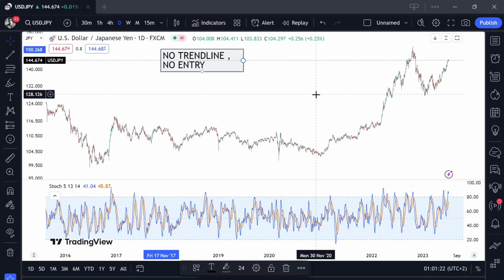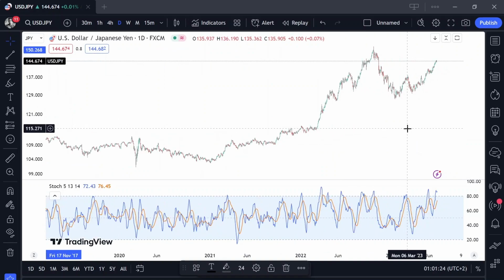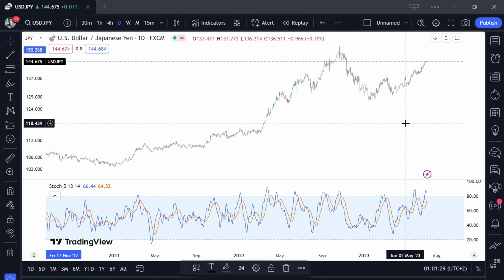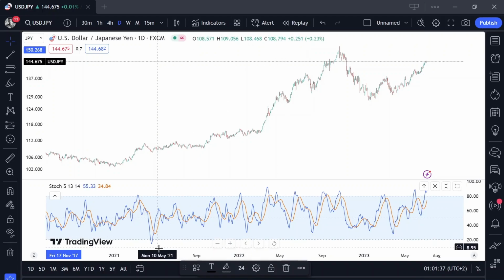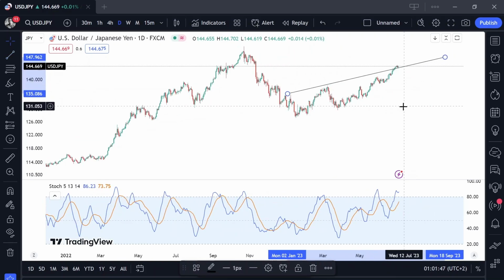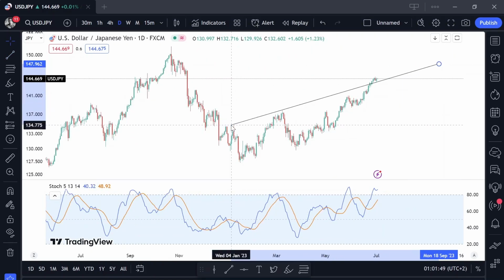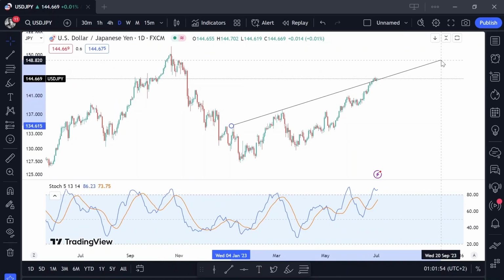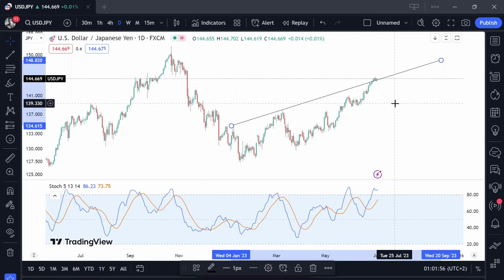So if I'm looking at USDJPY like this, let's say for example I'm trading USDJPY, my stochastic here is at level 80. If I draw a trend line like this, I think there's a trend line here. So basically this is my trend line here.